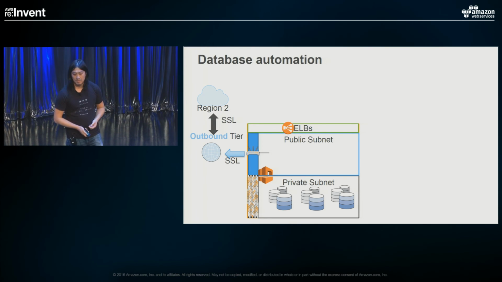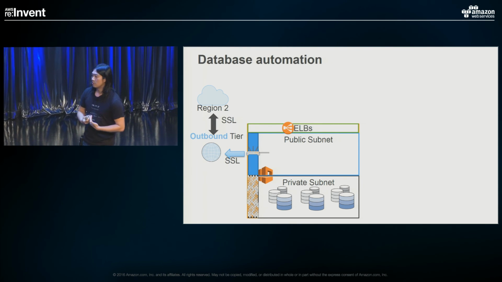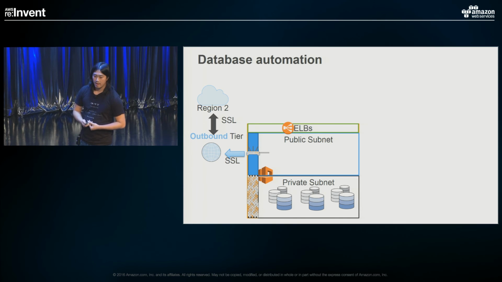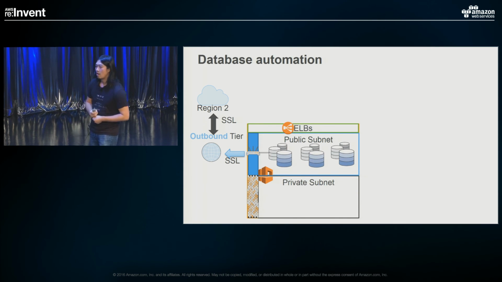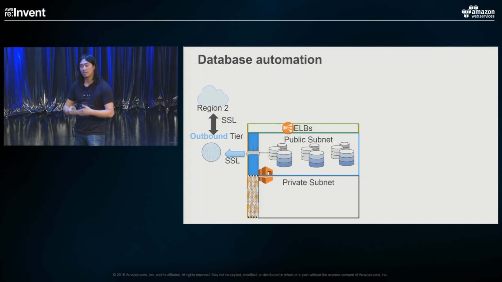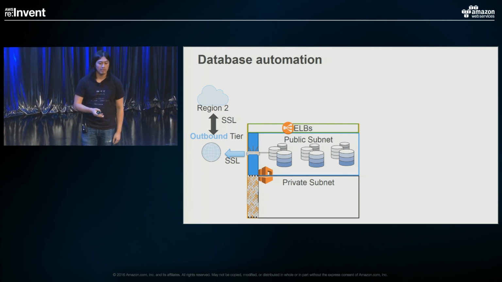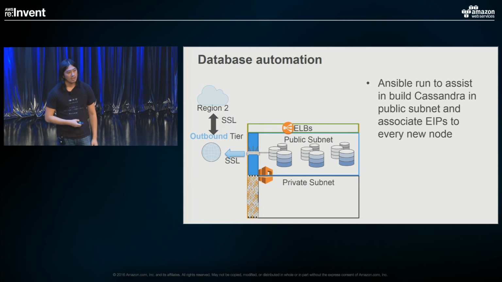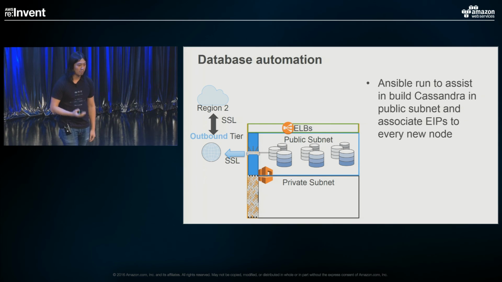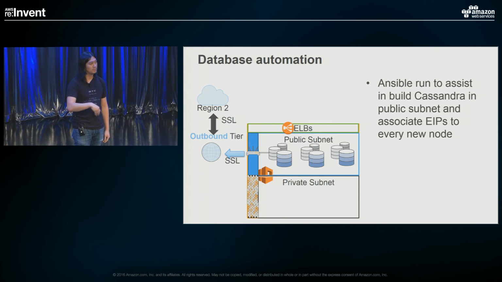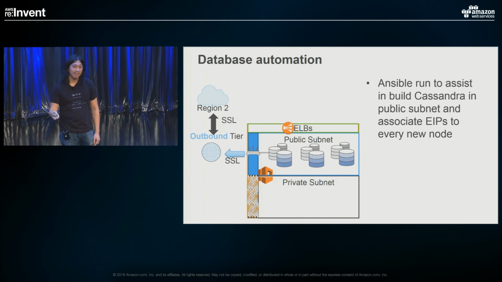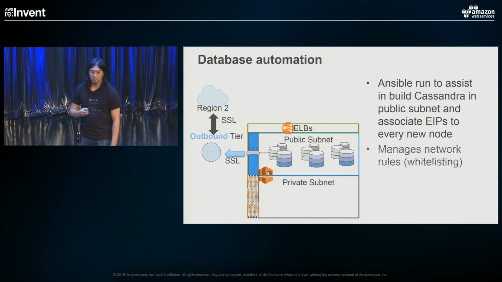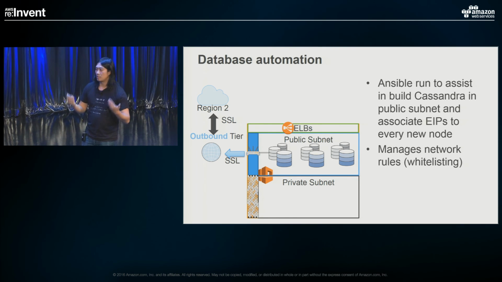In terms of database automation, like I said, we chose to move our database from our private subnet into our public subnet so that we would not be network constrained. We used Ansible to do a lot of this automation. It was responsible for moving our applications to the public subnet, giving them EIPs, managing our node list, and managing our whitelisting between our two regions.